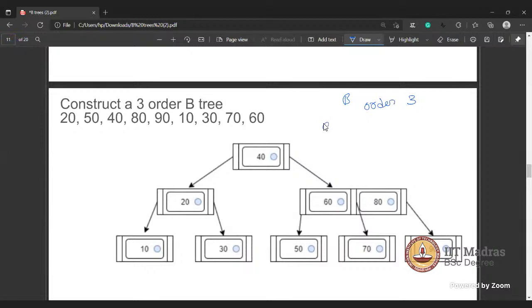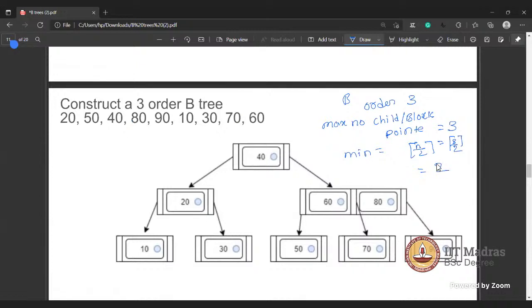So the maximum number of child pointers or block pointers equals 3 maximum, and the minimum should be the ceiling value of n by 2. So the minimum should be 2. So you got it, I think.